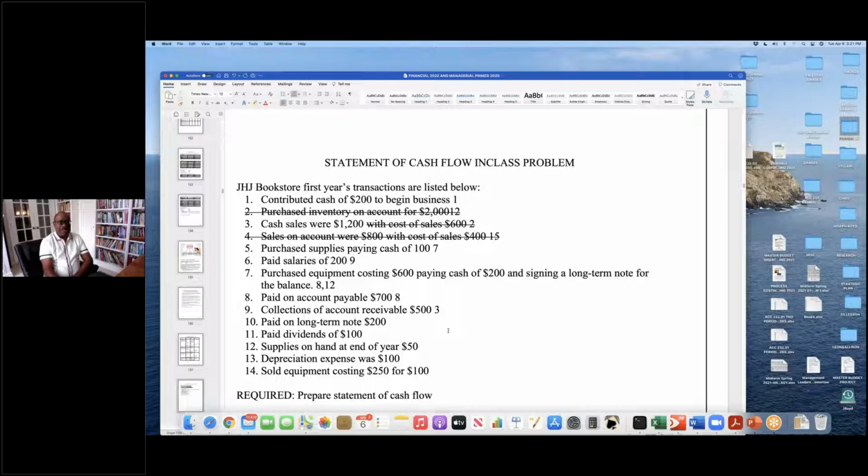What's the last journal entry that y'all finally kind of knew how to do? Type 14. It has the word paid. Oh, 15. Oh, paid on long-term note. When you pay something, it has to be 7 through 11. Oh, so good. Is there an 11?